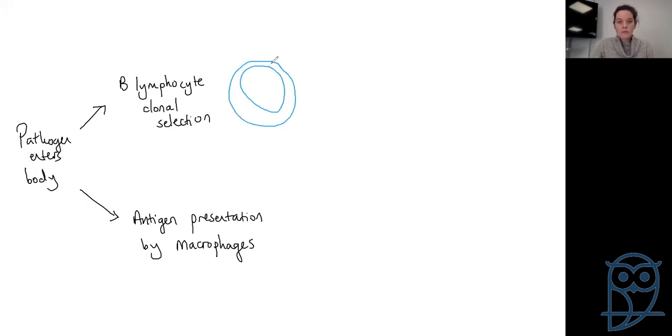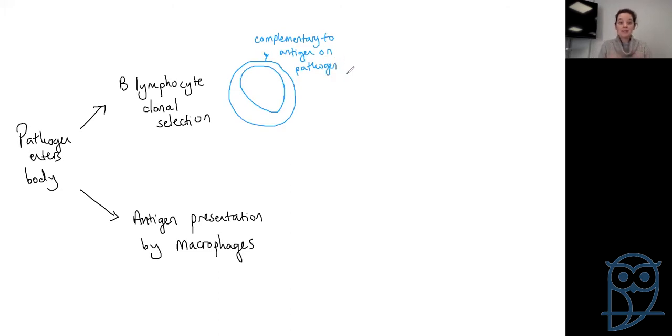On the cell membrane of this B lymphocyte, you have an antibody receptor, which is complementary to the antigen on the membrane of the pathogen.